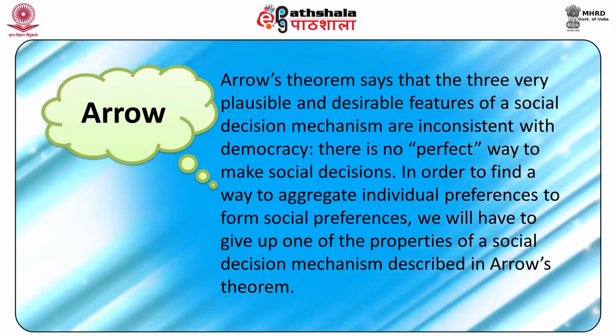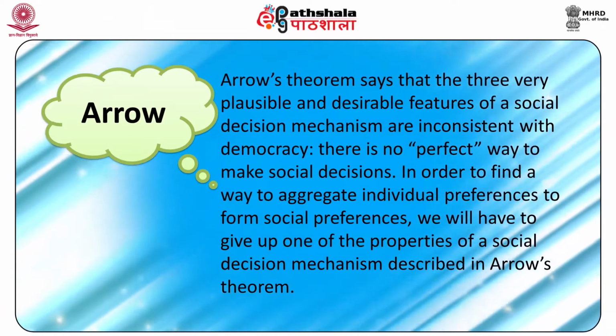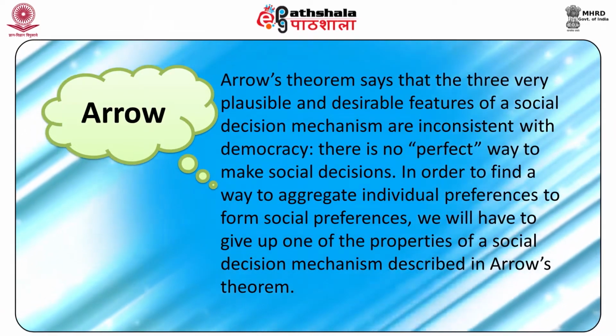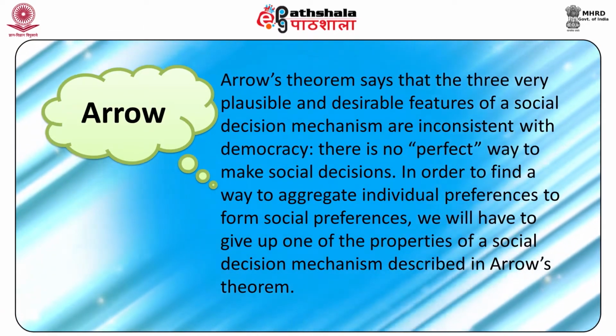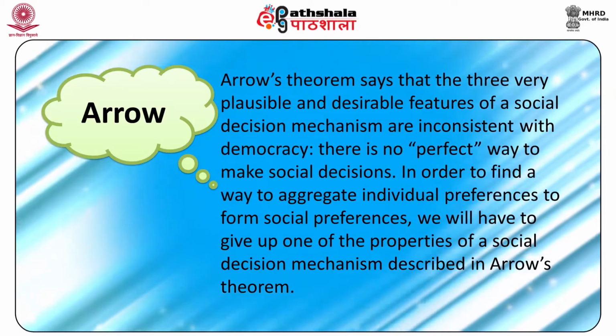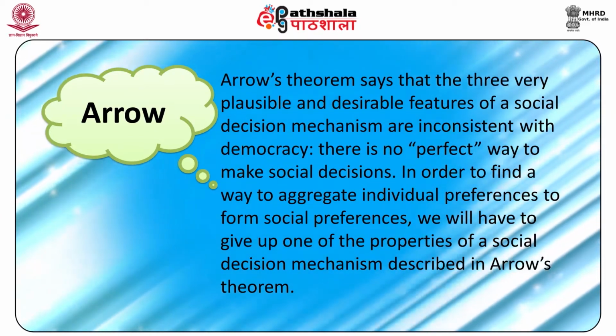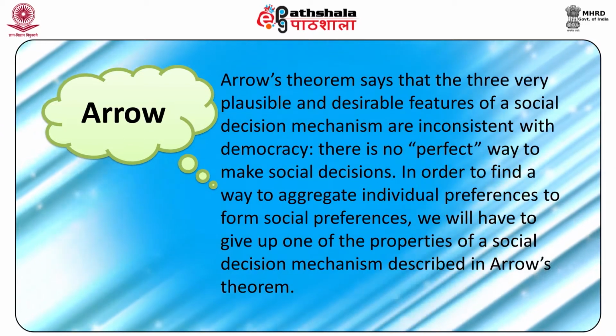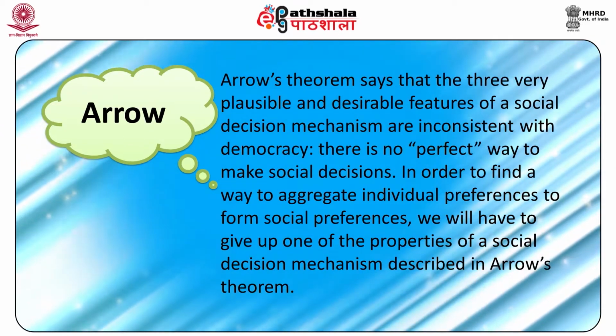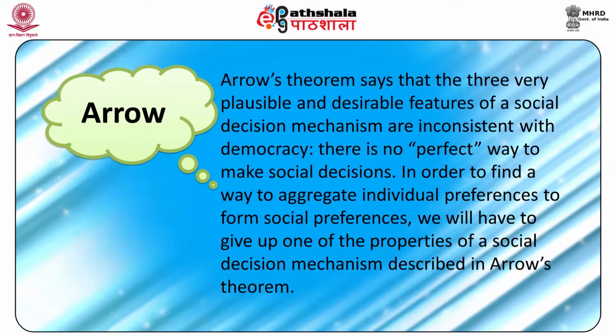Arrow's theorem says that these three very plausible and desirable features of a social decision mechanism are inconsistent with democracy. There is no perfect way to make social decisions.